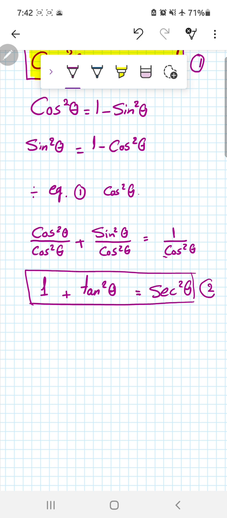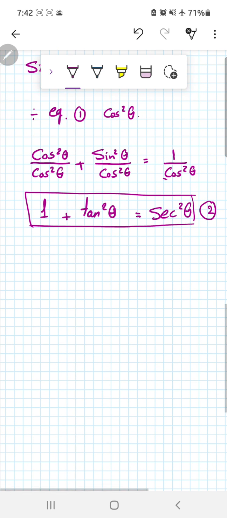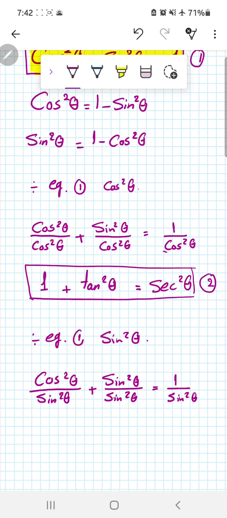What about if we divide equation number 1 by sine power 2? So we divide equation number 1 by sine power 2. It means we have cosine power 2 theta over sine power 2 theta plus sine power 2 theta over sine power 2 theta equals 1 over sine power 2 theta.